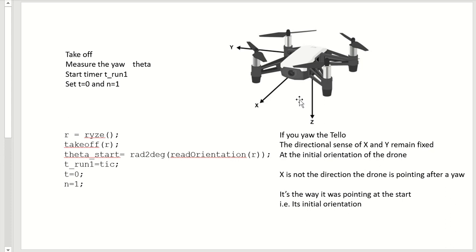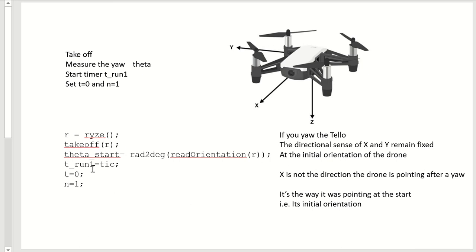So 3 values come back. We're not really interested in pitching and rolling on the drone, but we are interested in the yawing, which is this one. So that comes back as a vector with 3 values in. So you can then have theta start 1, which is the yaw, theta start 2, which is the pitch, theta start 3, which is the roll.